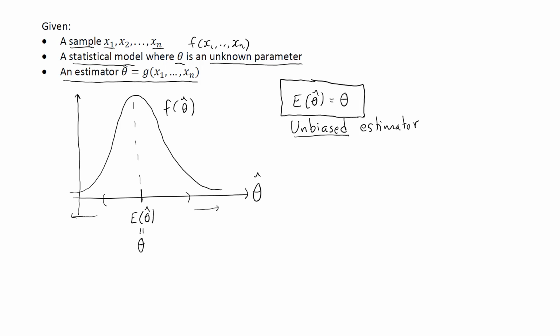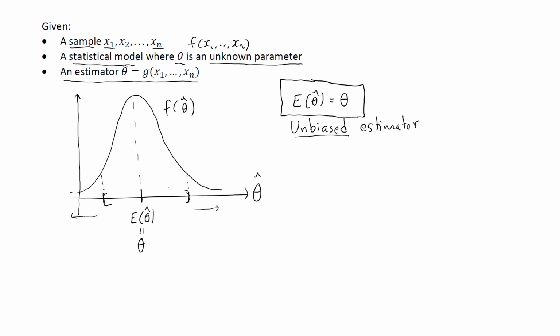Of course, this does not mean that when you play this game once, your estimator will be equal to theta. If you have 95% of the mass of the PDF, say in this interval, then you can say that with 95% probability, your guess will be in this interval, and with 95% probability, it will at least not be too far from theta.